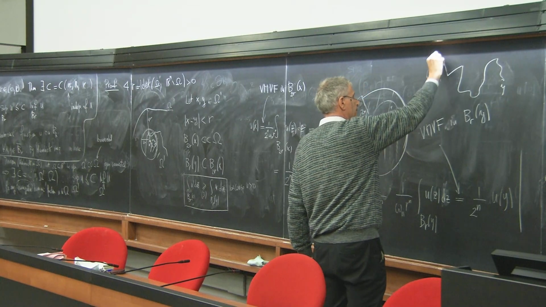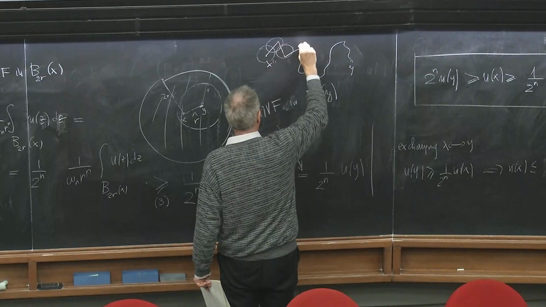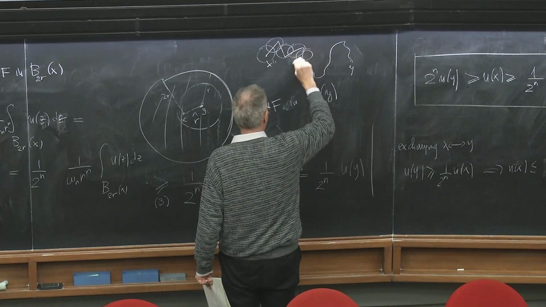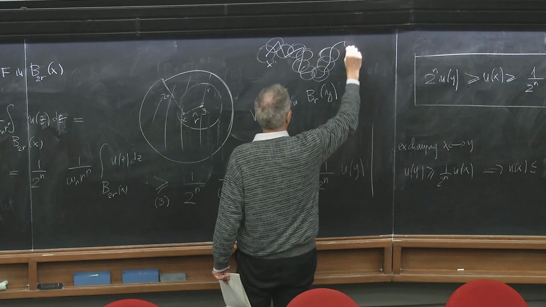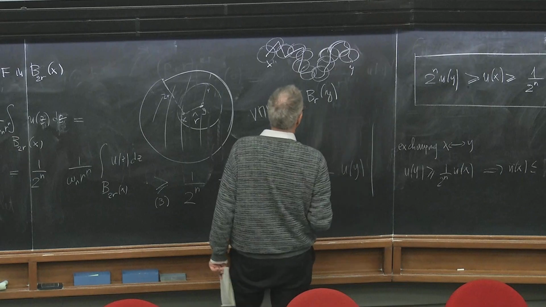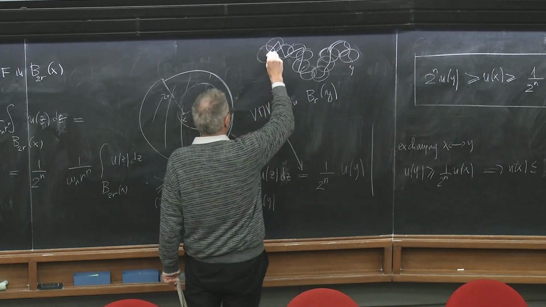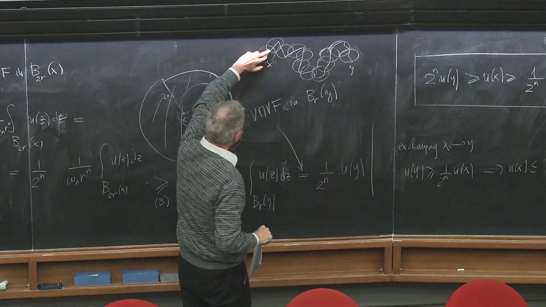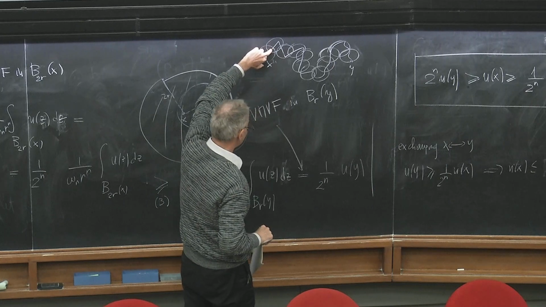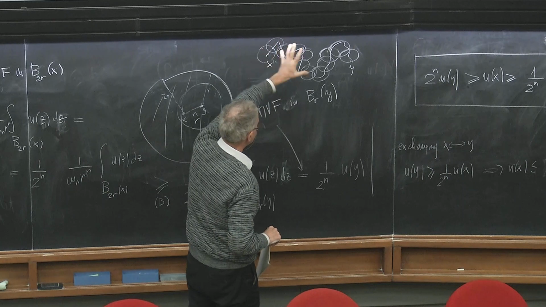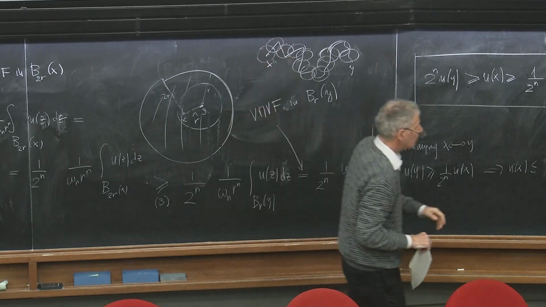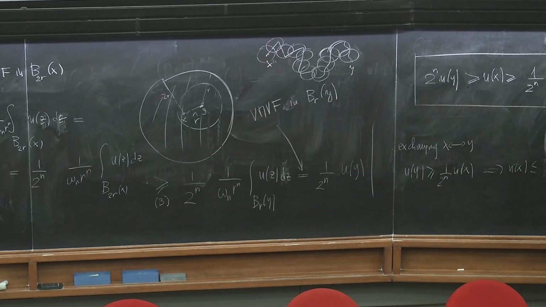Then surely you are in this situation. Here you take a point, and here you have an inequality. Then you take this point and another one, etc. So you have an inequality in each of the balls, and you lose each time this quantity.